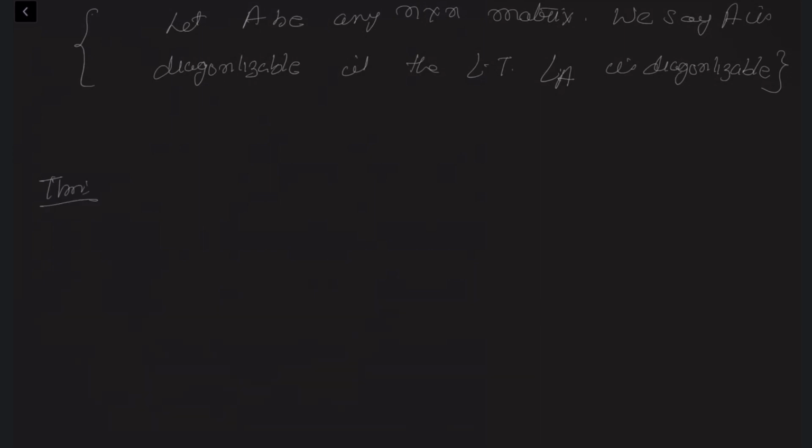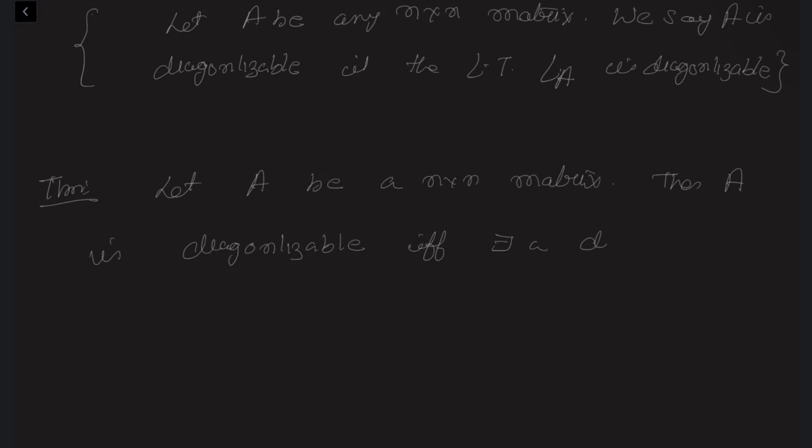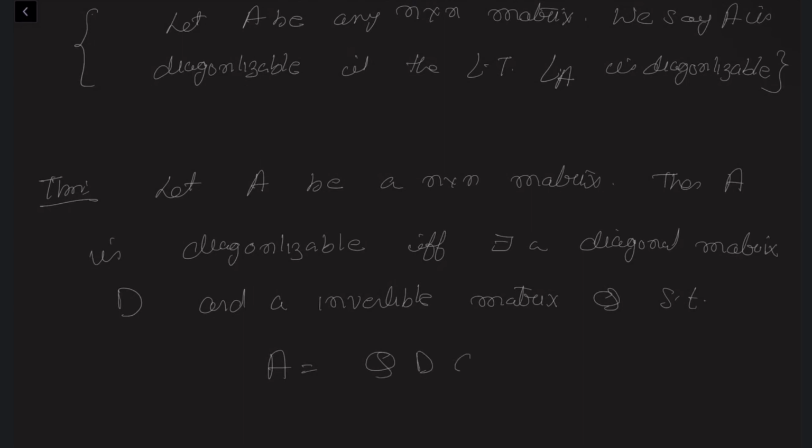So this is important: if A is any n cross n matrix, then A is diagonalizable if and only if there exists a diagonal matrix D and an invertible matrix Q such that A can be written as QDQ inverse.